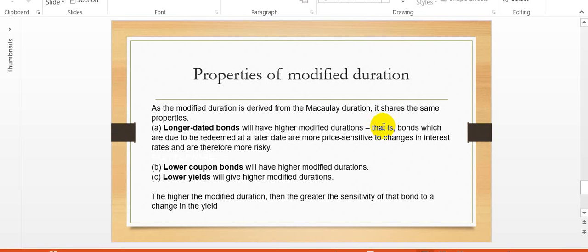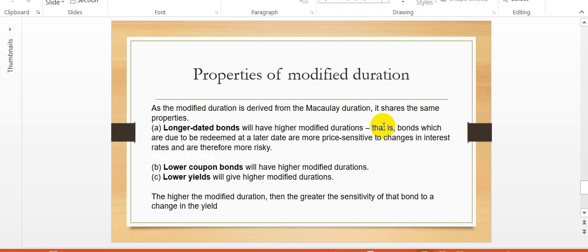That is, bonds which are due to be redeemed at a later date are more price sensitive to changes in interest rates and are therefore more risky. There's so much uncertainty when the future is far away, so you expect uncertainty and volatility in the interest rates.